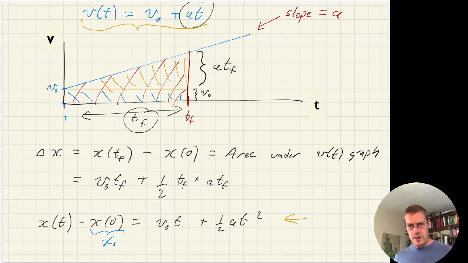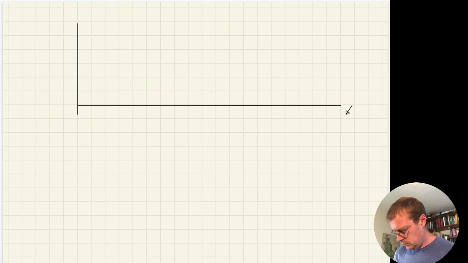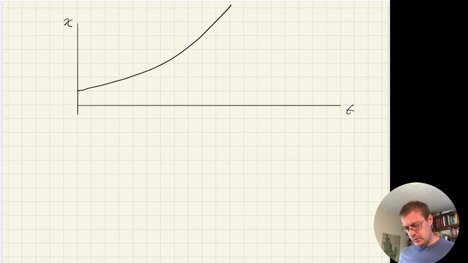Okay, so enough with the algebra. What does this look like? Generically it's going to look something like that. The slope right here is nothing but v0.